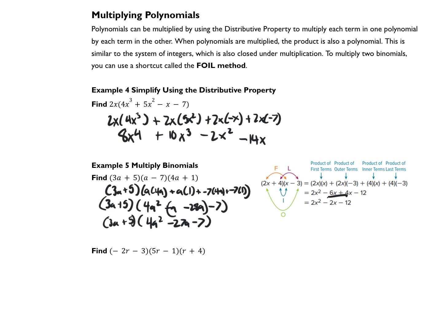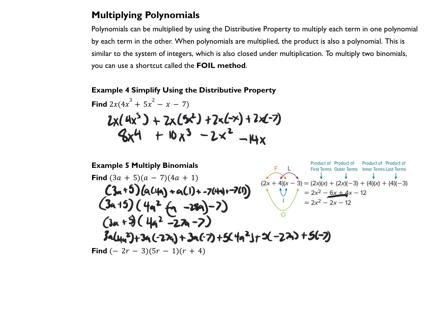So the way we're going to multiply this is 3a times 4a squared plus 3a times negative 27a plus 3a times negative 7 plus 5 times 4a squared plus 5 times negative 27a plus 5 times negative 7.